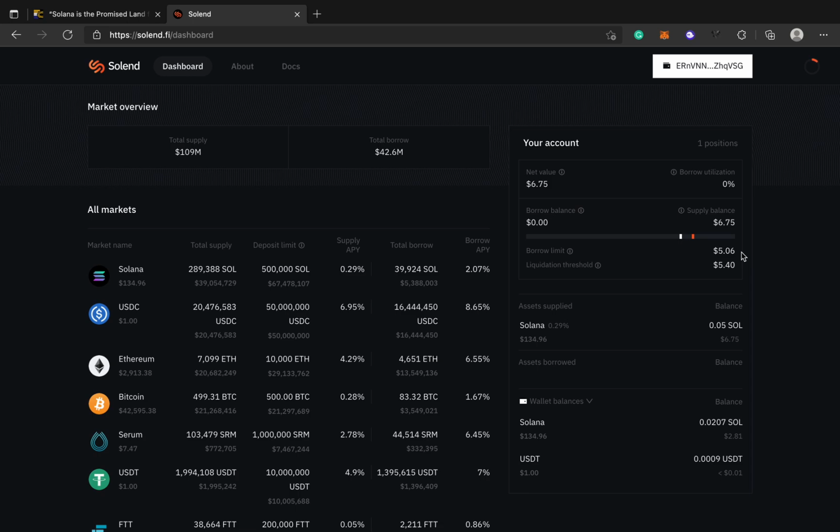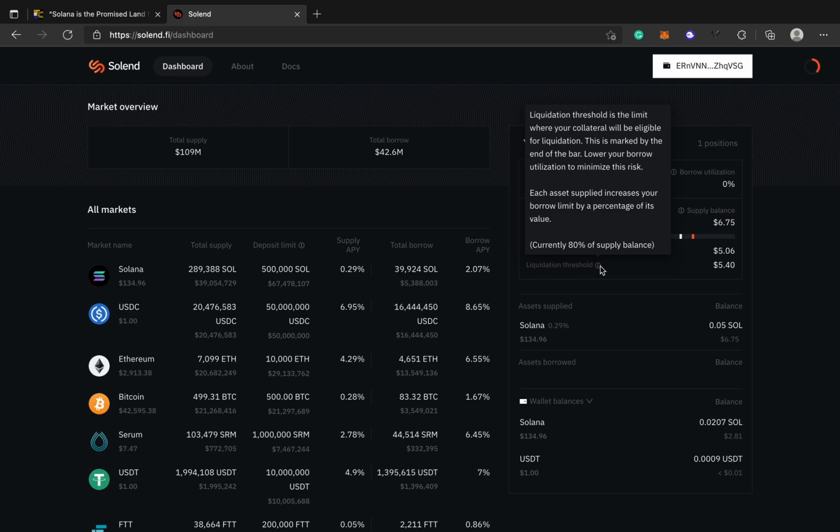But if the value of my asset that I deposited goes below that 5.4, I'll get liquidated. Liquidation threshold is the limit where your collateral will be eligible for liquidation.